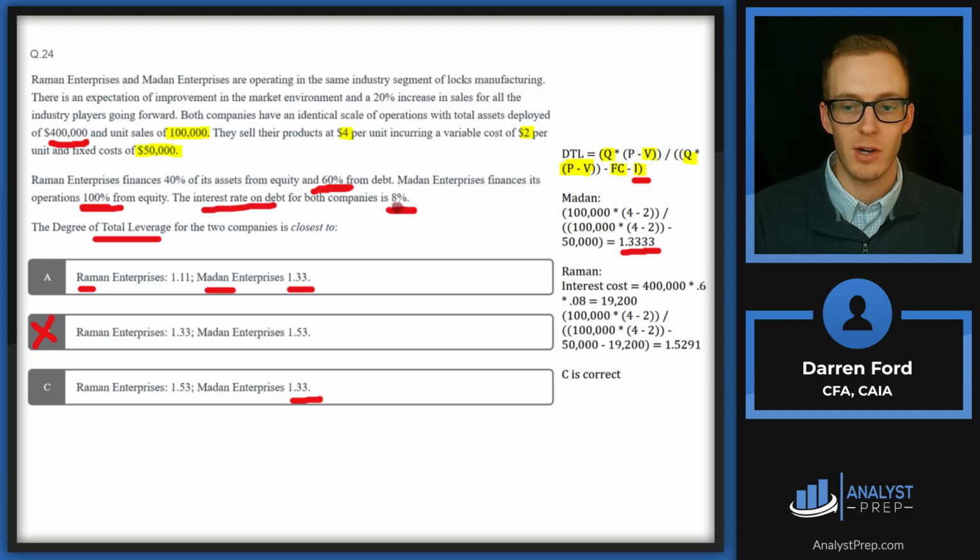That ends up being 19,200. Most of this formula ends up being exactly the same, and then we add in that minus 19,200 at the end. That's decreasing our denominator, which is going to make our total leverage go up. And so under this scenario, Raman has higher leverage at 1.53, which is going to lead us to answer C.